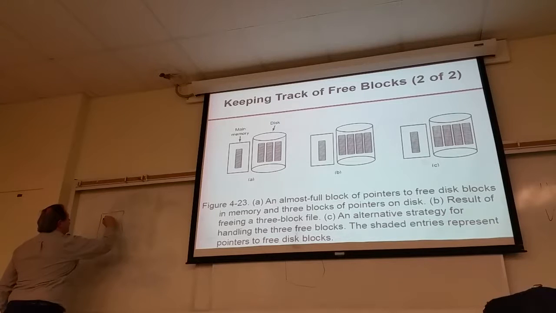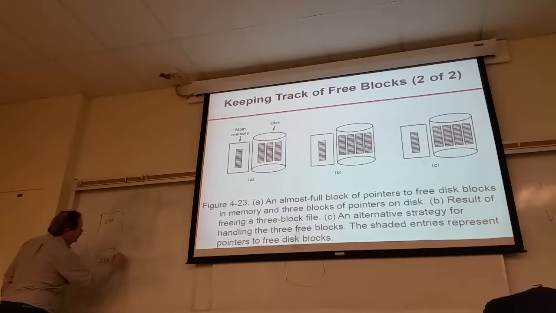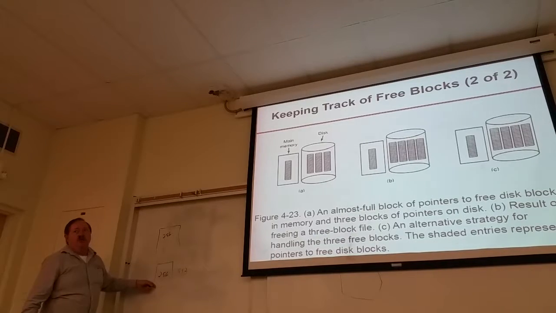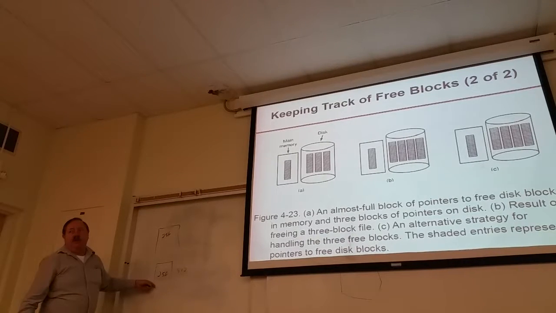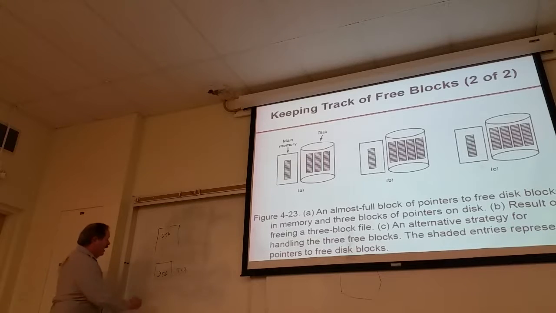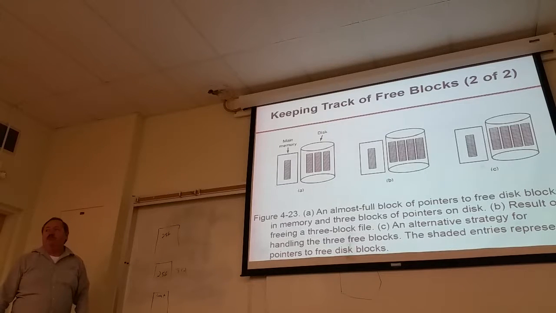So I have 256 data blocks here, 256 data blocks here. So I have 512 data blocks holding my free list, right? And that's full. So as soon as I get another data block to manage on a free list, I have to go get a new data block so I can then insert this new node on the free list.